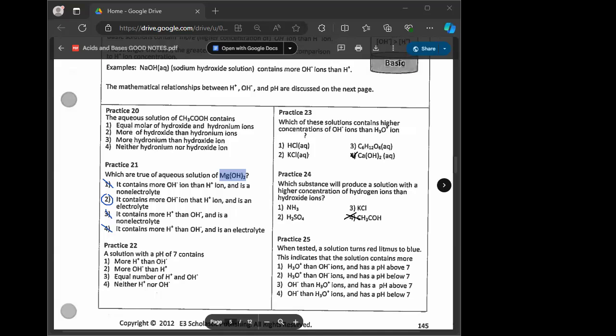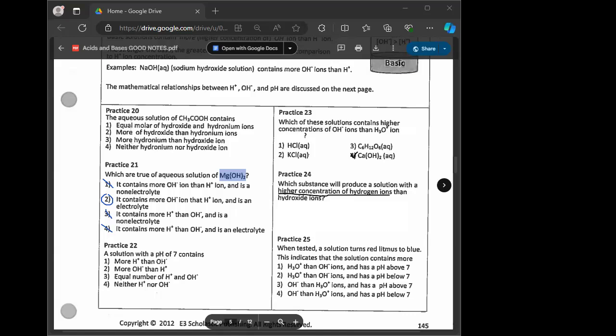So let's just, like I said, not focus on the answer choices. I just want to discuss whether you think we're looking for an acid or a base. Do acids or bases have more hydrogen ions? Is that describing an acid or a base? Which one has more hydrogen in it?